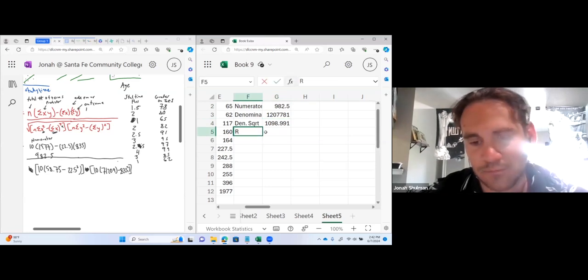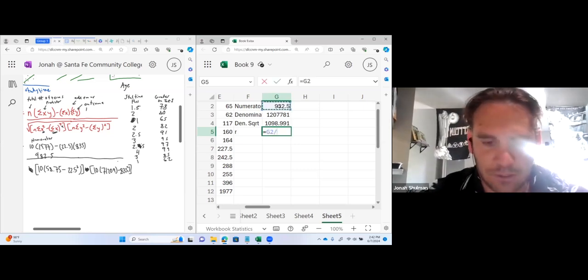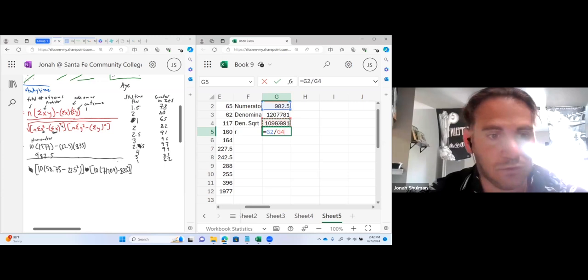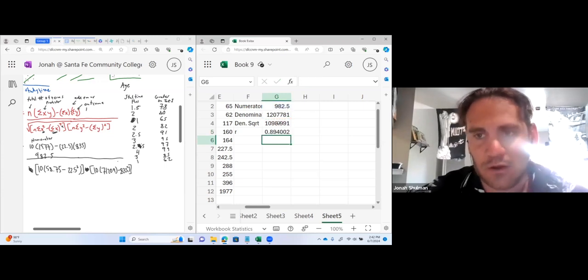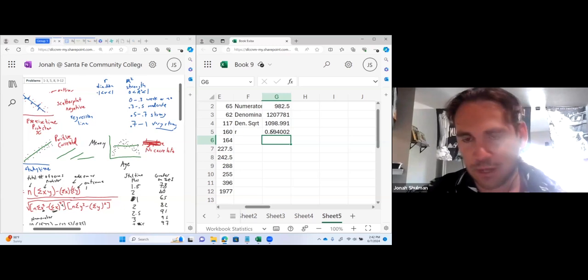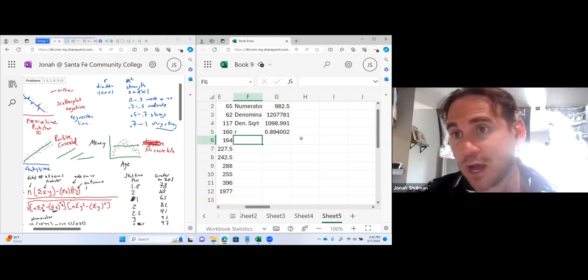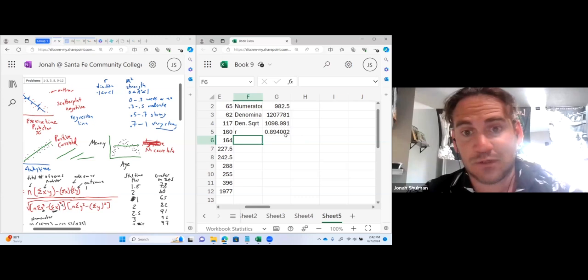So here's our R. We want to do a baby R. And we have our numerator divided by our square root of our denominator. And here it is. It is a very strong positive correlation, which is what I made. Oh, sorry, that's just the R. So it's positive and it's big. Let's do our R squared.